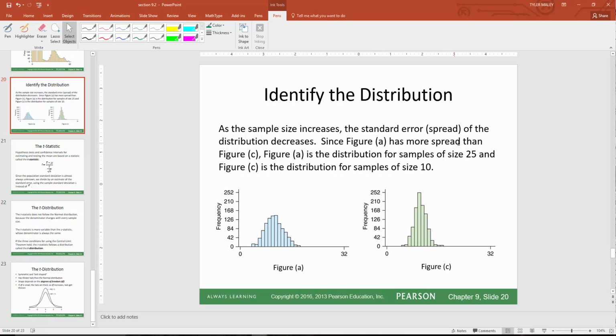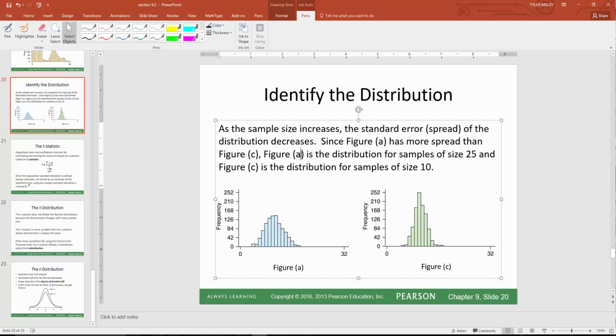I noticed here in the PowerPoint I have these backwards. So we want to switch these. This should be figure C, and this should be figure A. So fix that in your notes. Figure A has more spread, so, wait, no, I had that right.